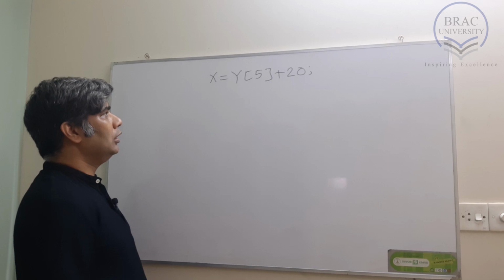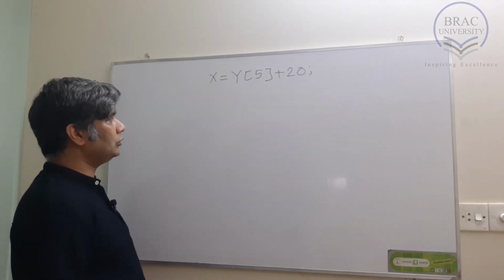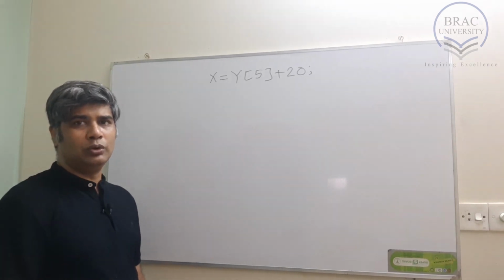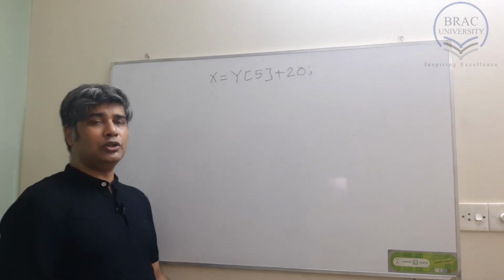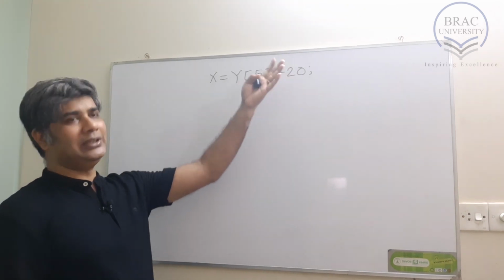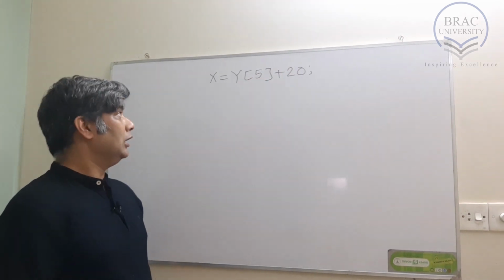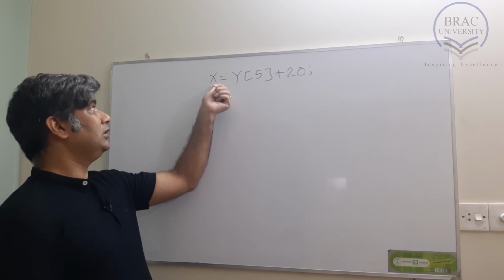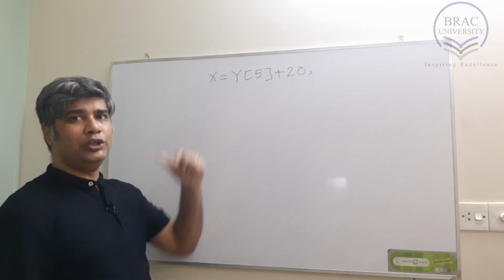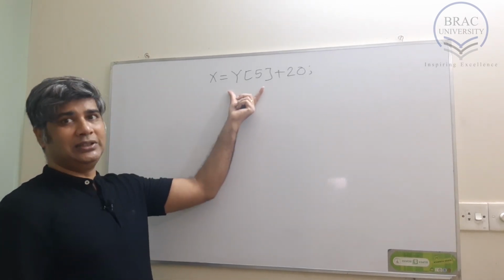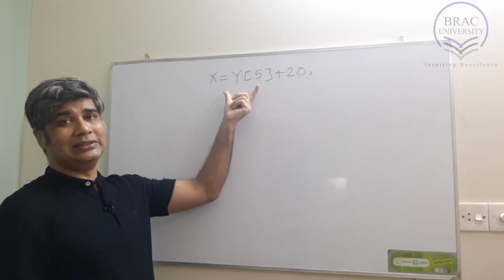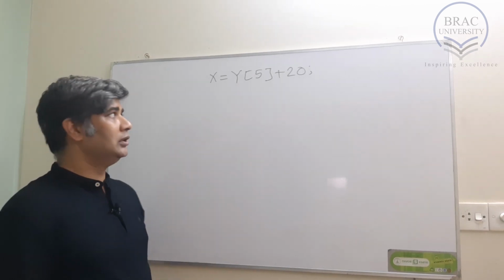So, before we can start converting it into MIPS assembly code, we need to know the register assigned to each of these variables. This x, the array y, and 20 is an integer, so we can directly use it. Now, we need to know which register is holding the value of x, and in the case of an array we need to know where the base register is, where the base value of this array is, that means in which register.